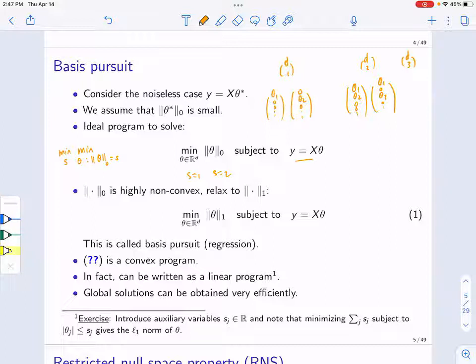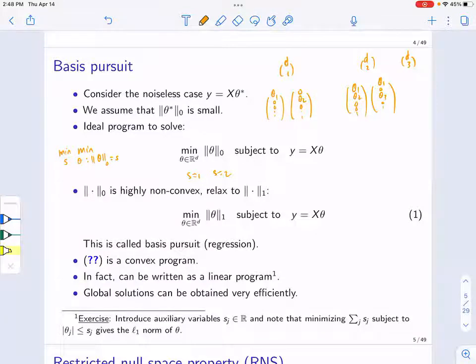So the smallest S that works for this. So the given S, if S is smaller than or equal to N, we'll hopefully have a full rank. Yeah, that's the hope. So we have to impose that assumption.